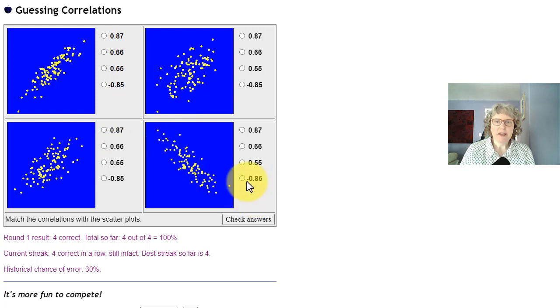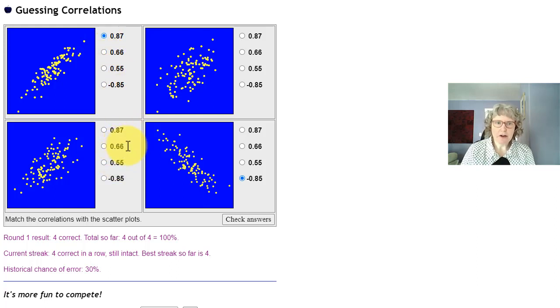I want to pick out this negative right off the bat. There's only one negative in our choices, and there's only one that's decreasing from left to right. So that's our -0.85. And then I like to go with the strongest one. So I can see the strongest one has the tightest pattern. That's going to be the highest positive number, 0.87. And then what's left is 0.55 and 0.66.